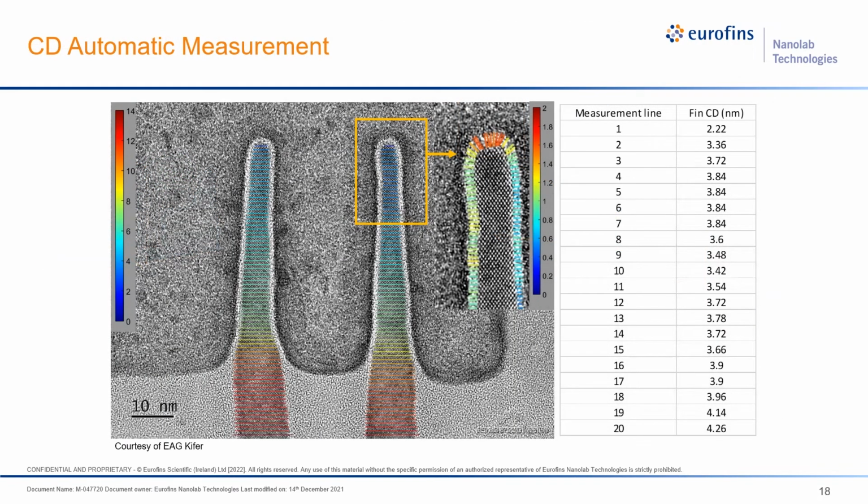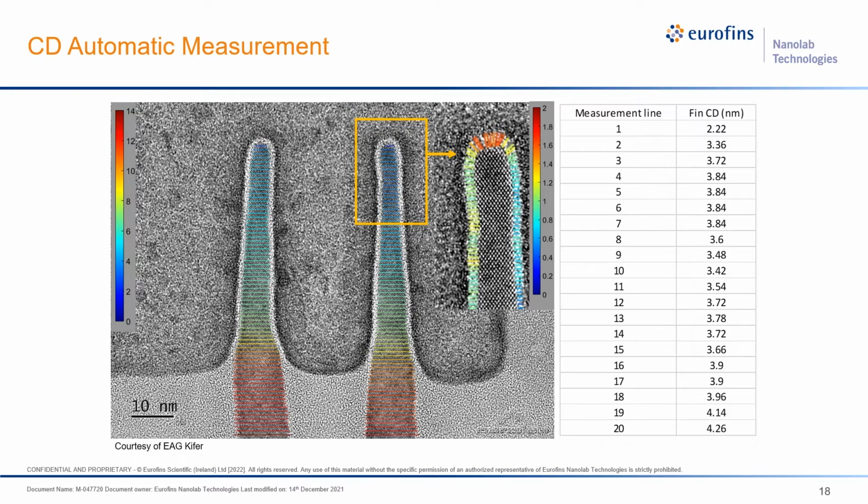While we can do these measurements manually, Eurofins Material Science also offers automatic measurements on CD. The principle here is to define the interface according to the image intensity change. Then we apply a machine learning algorithm to automatically optimize the interface definition and do the measurements by the computer itself.